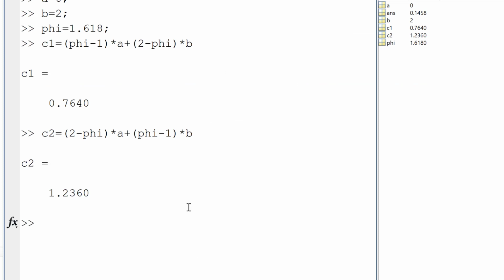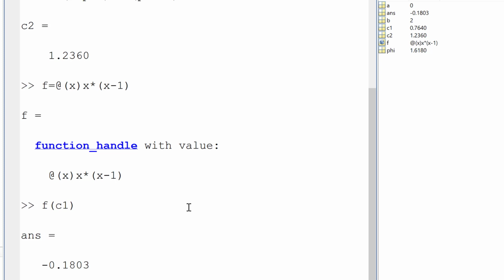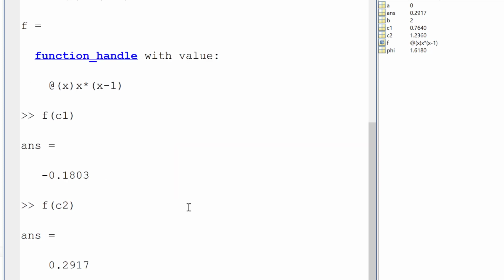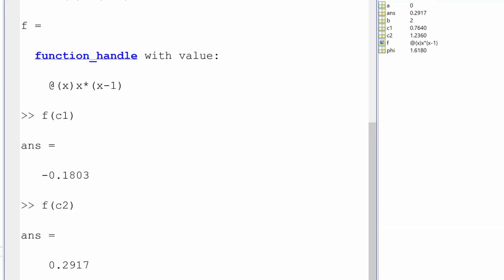So we can define f equal to x times (x minus 1), then we have f(C1) and f(C2): negative 0.1803 and 0.2917.